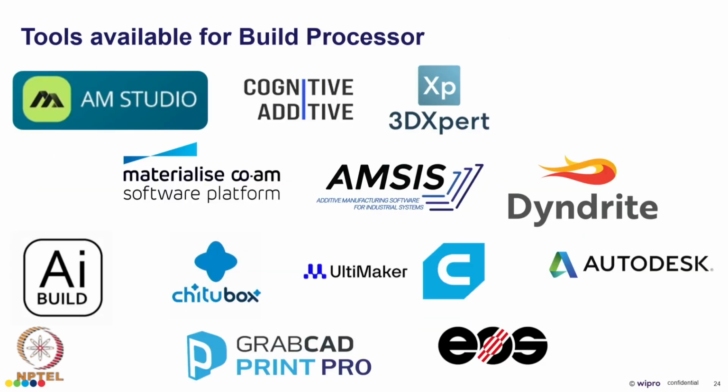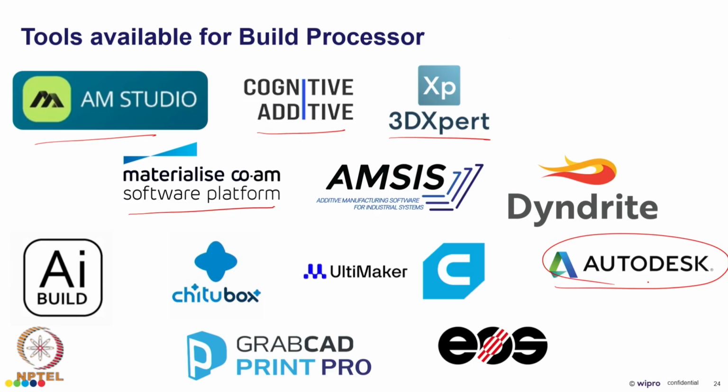So, similar to build preparation, here also we have many players available in the build processor domain, who are able to generate the machine code for various technologies and OEMs from a single tool. That means like AM Studio, Cognitive Additive, and 3D Expert, Materialise Collaborative AM platform, and Autodesk Netfabb.